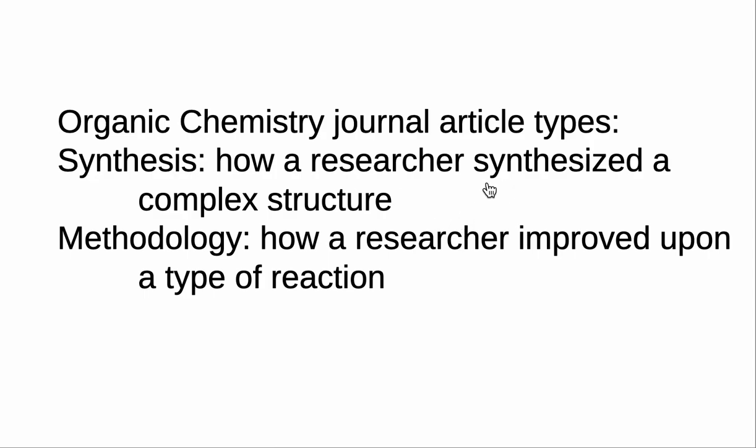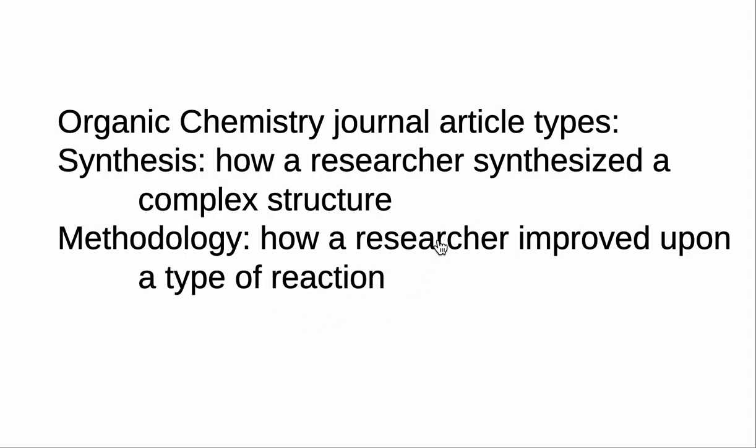So if a group of researchers was the first to synthesize a natural product, a very complex molecule, they would write up a paper with all the different steps that they used, possibly some of the major problems that they ran into while they were trying to synthesize this very complex molecule, how they solved those problems. So that's what that type of article would be like.